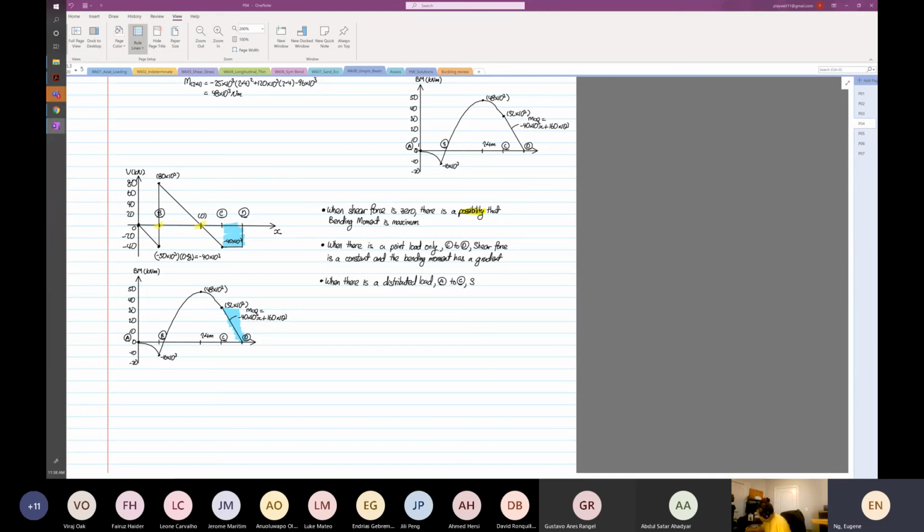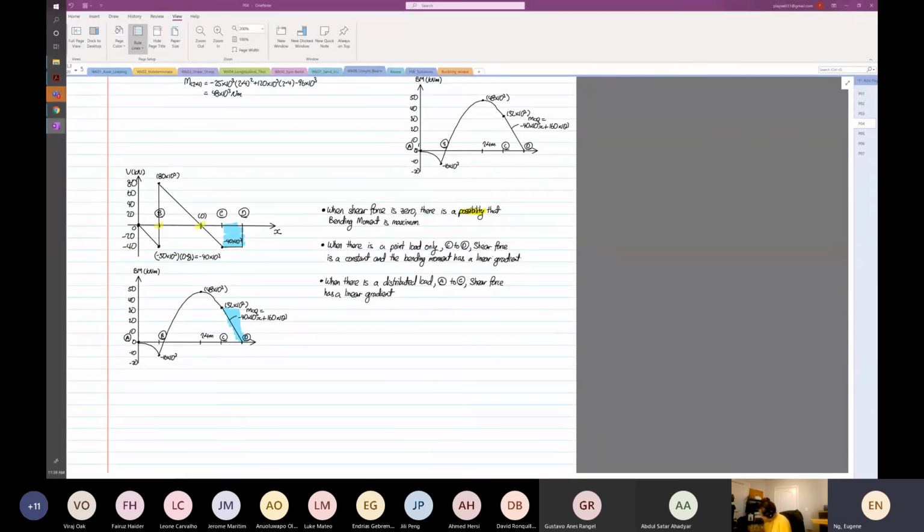The shear force has a linear gradient. Okay, a linear gradient.